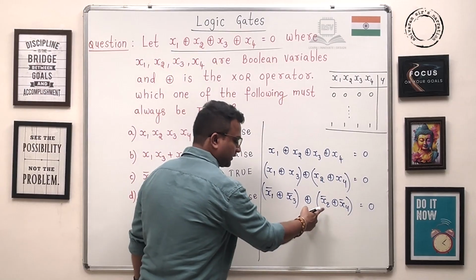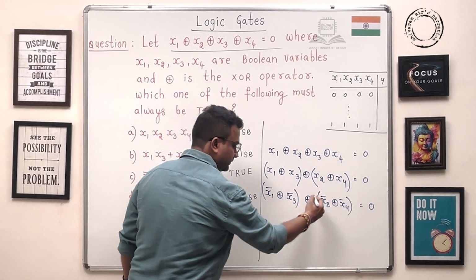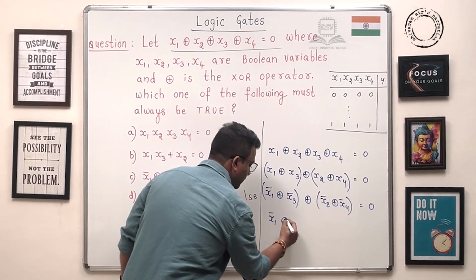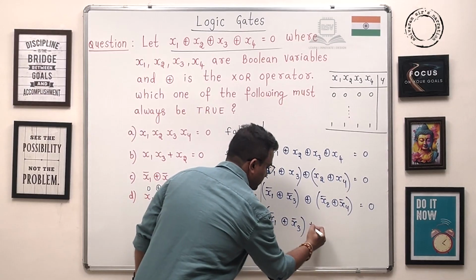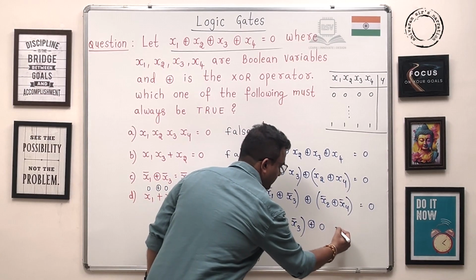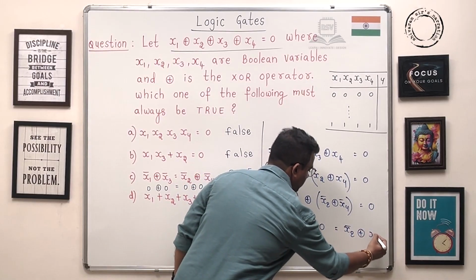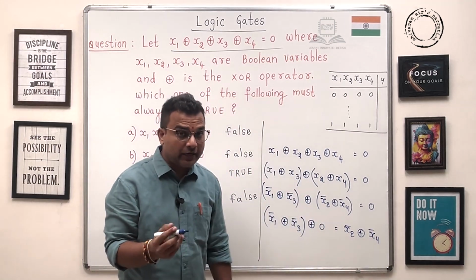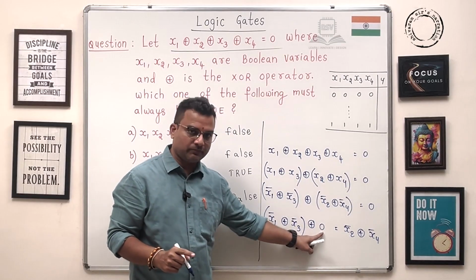Now you move this term to that side, then it is x1 bar XOR x3 bar XOR 0 is equal to x2 bar XOR x4 bar. Now guys, we know very well the XOR gate can be used as a buffer when one of the inputs is logic 0.